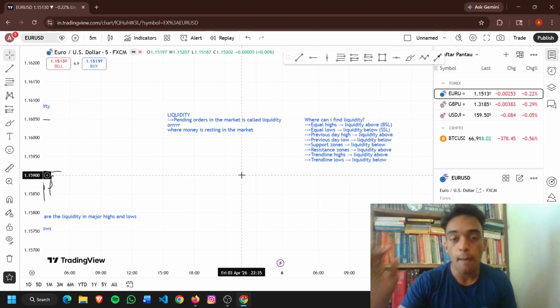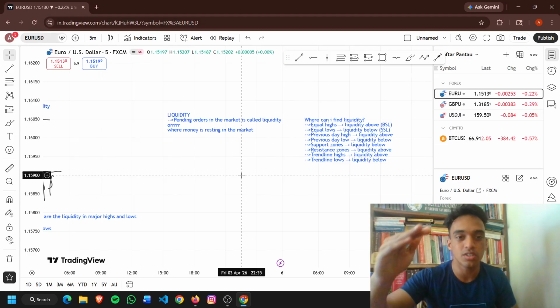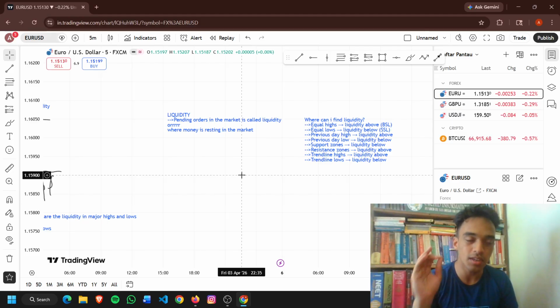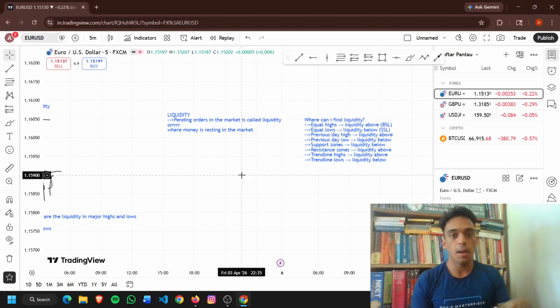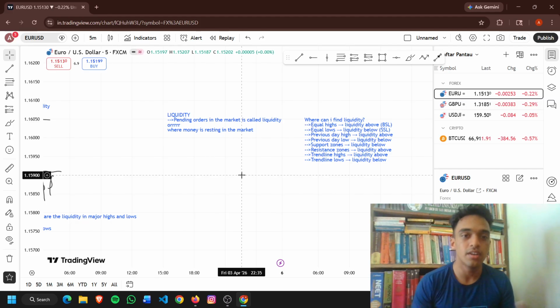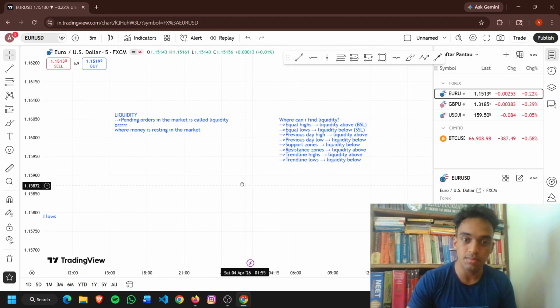These are where big institutions or retailers or whoever is in the market will put their stop loss, take profit, buy limit or sell limit orders. So this is basically liquidity.